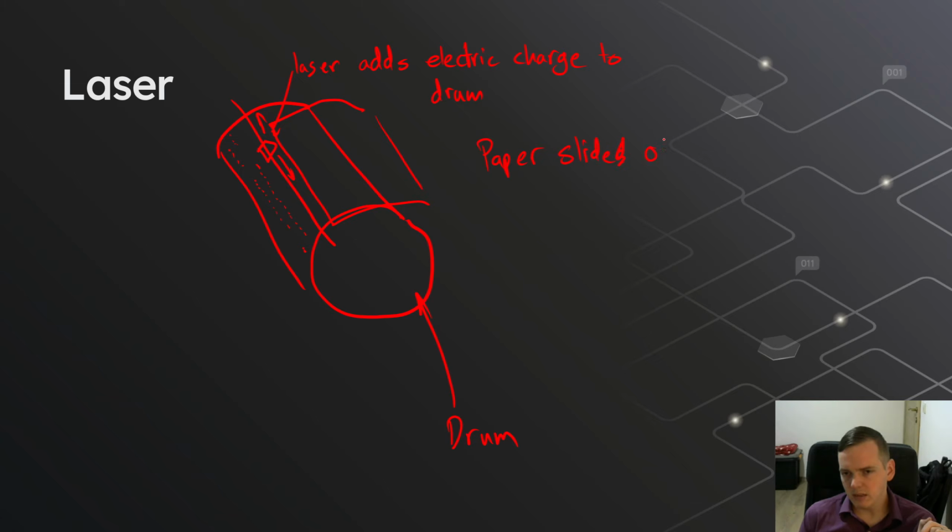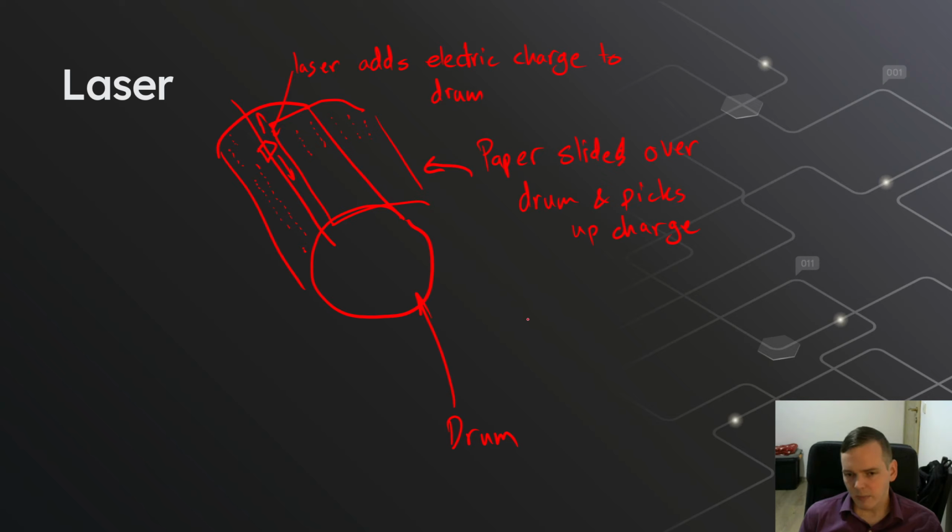The paper slides over the drum and picks up charge. I'm vastly simplifying here, but this is the basic idea. So once you've charged the drum, then you have the paper run over that drum, and it'll make on that paper lines of negative charge.